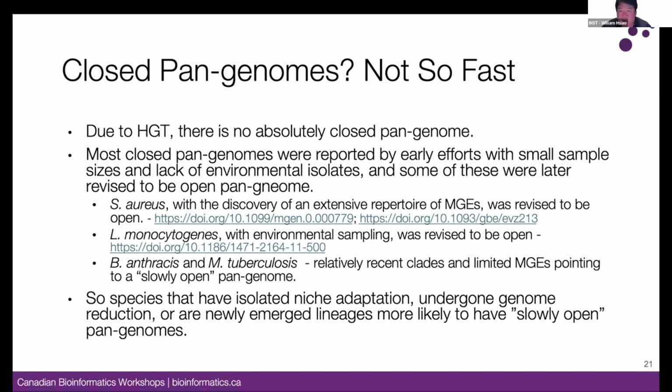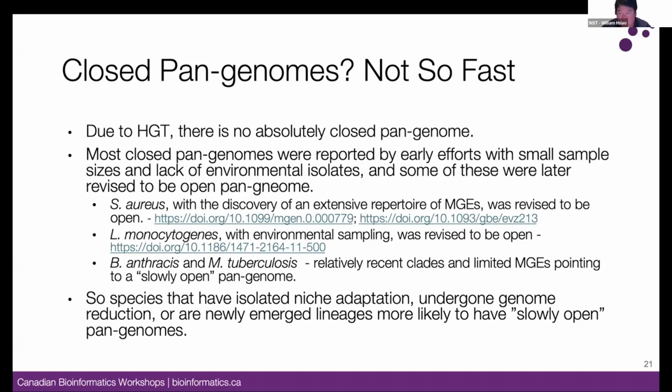And B. anthracis and also Mycobacterium tuberculosis, the causative agent of tuberculosis, on the other hand, still have a relatively closed pangenome. So they're relatively recent clades, and they have limited MGEs.